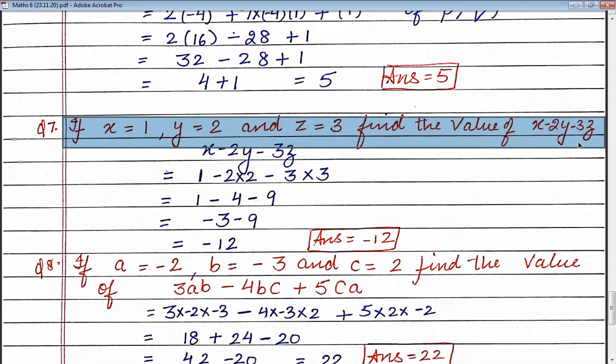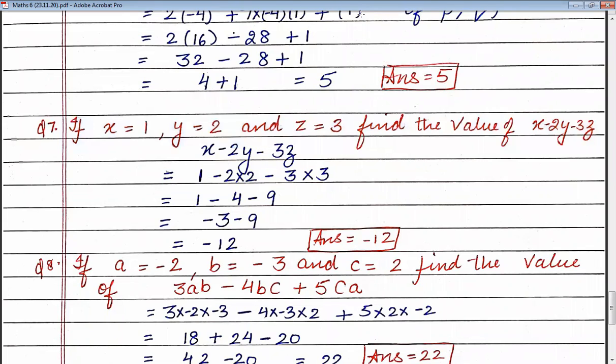There are 3 variables, that is x, y and z. And can you tell me the values of the variables? The value of variable x is 1, the value of variable y is 2, and the value of the variable z is 3.